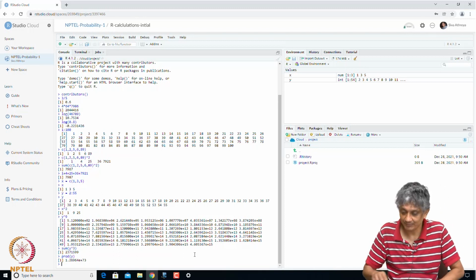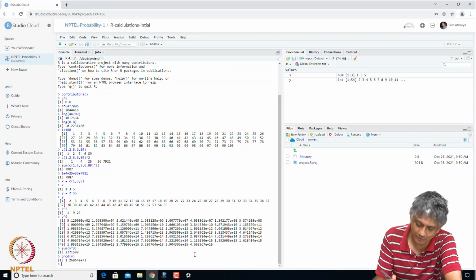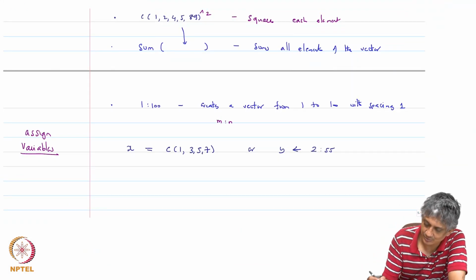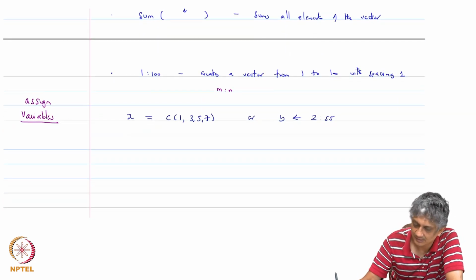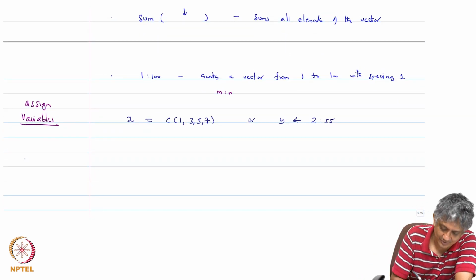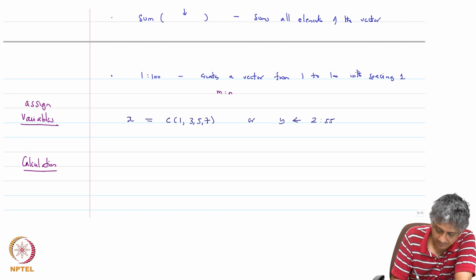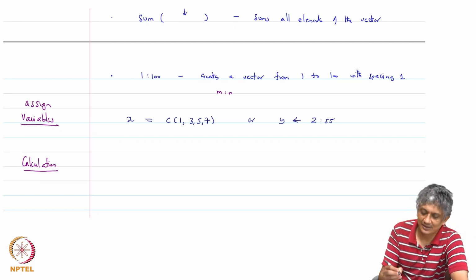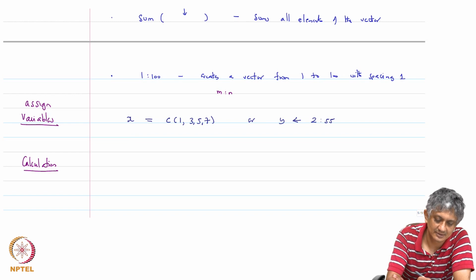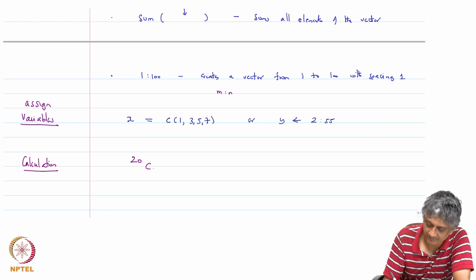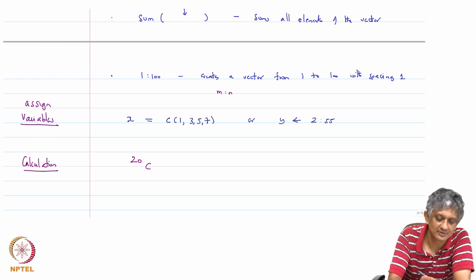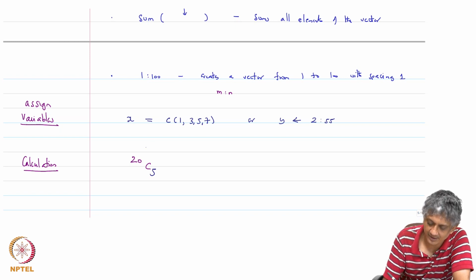Now let's try and do something that we do in probability a lot. Let's try some complicated calculation with assigned variables. Suppose I want to do 20 choose 5 in R. What is that going to be?